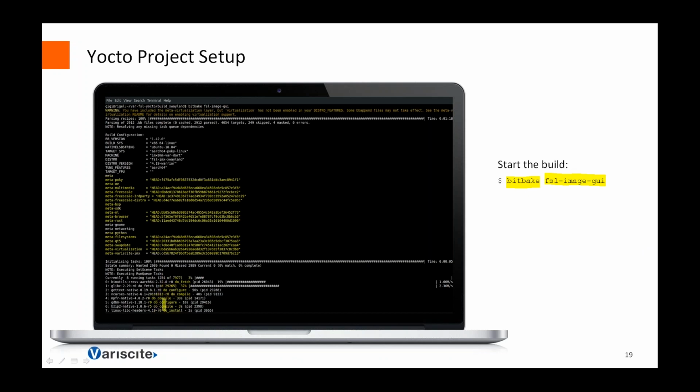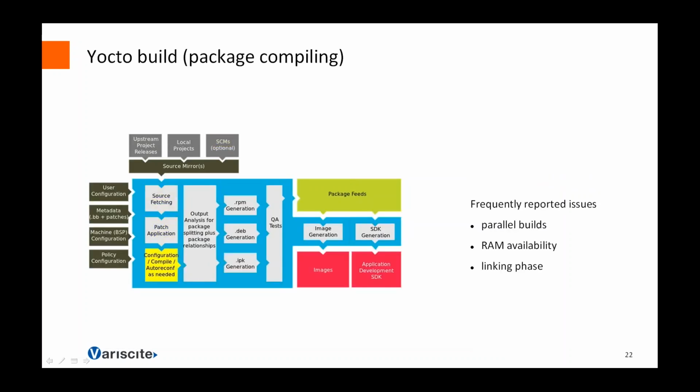So each core is doing different stuff and is requiring different memory. One of the more critical tasks is the linking phase, because all of the output, all of the objects, will be put in RAM to link them. If more than one core is doing the link phase, maybe of huge packages, you can experience problems with the RAM and the build may crash.